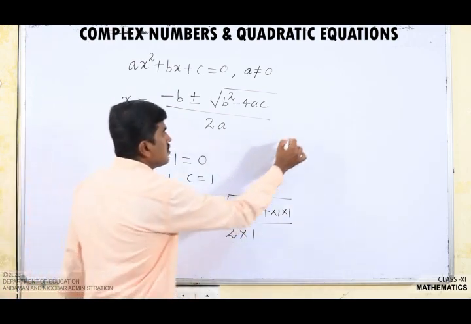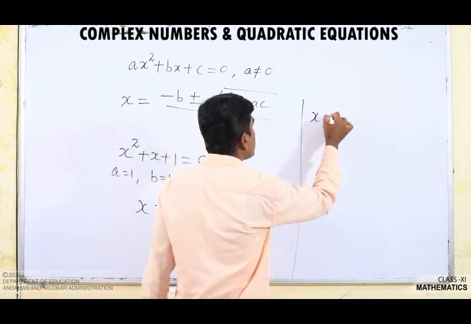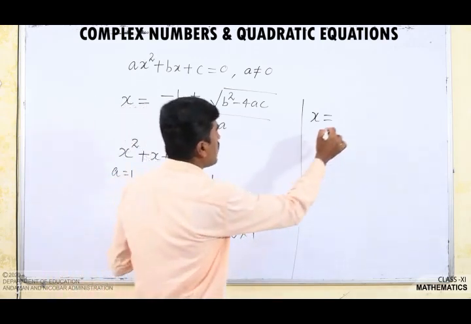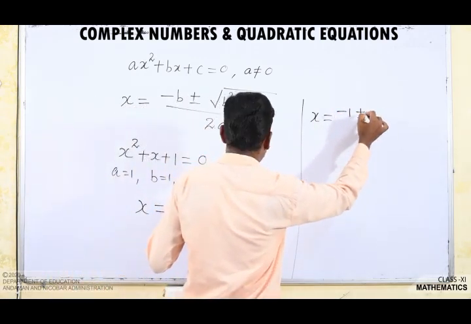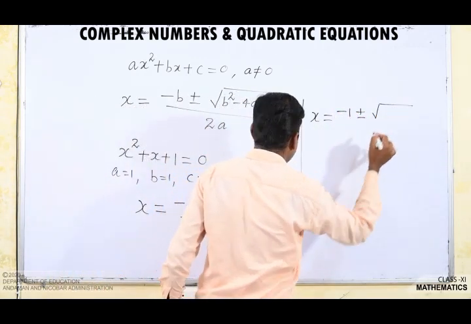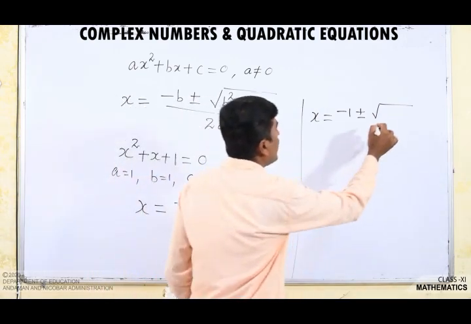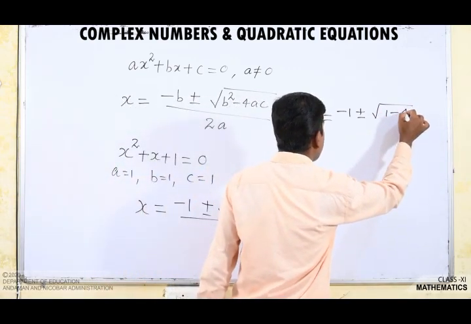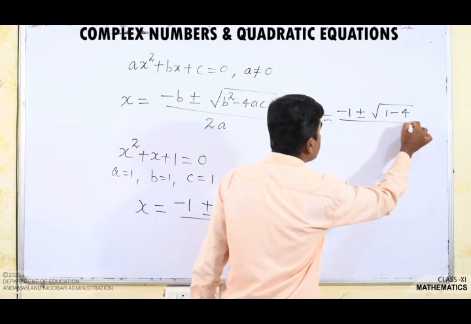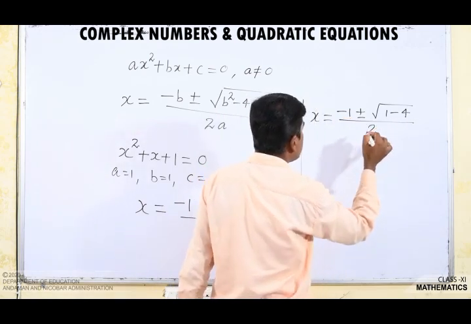Okay. Next, x is equal to minus 1 plus minus root over 1 square, which is 1, minus 4 into 1, that is 4, divided by 2 into 1, that is 2.